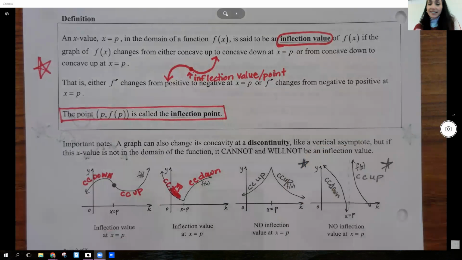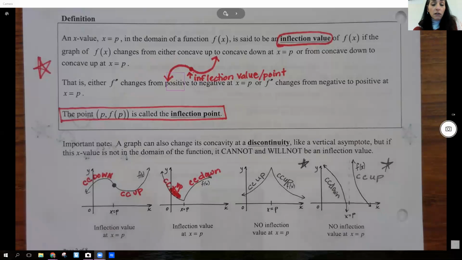You have to examine the domain of your function. You want to make sure that if you have a restricted domain, one of the restricted values is not one of your points of inflection, because if it's a vertical asymptote, there's no point there at all. So it can't be a point of inflection.